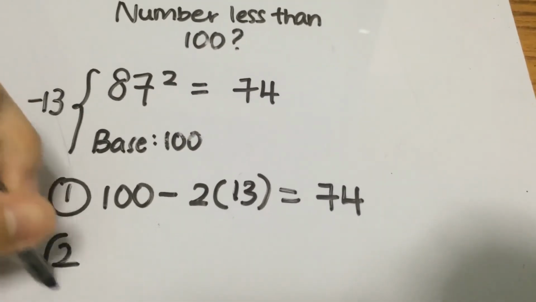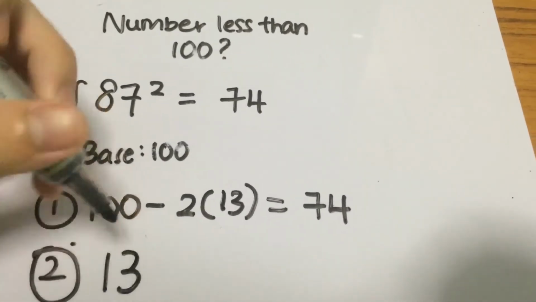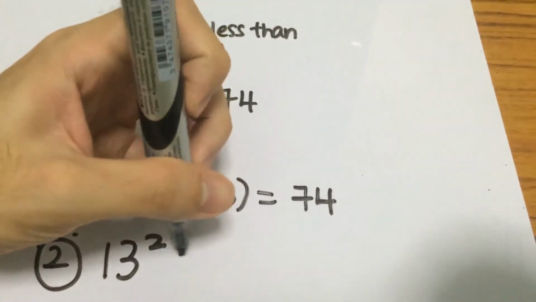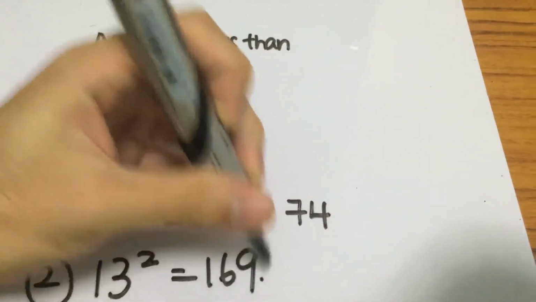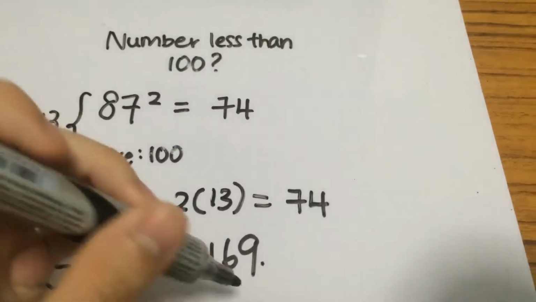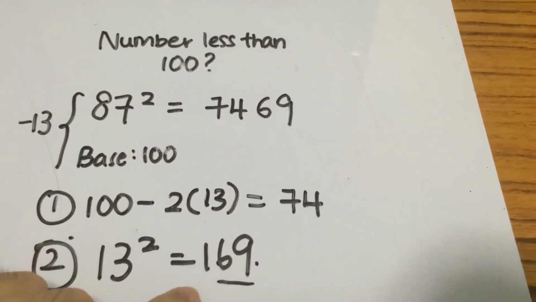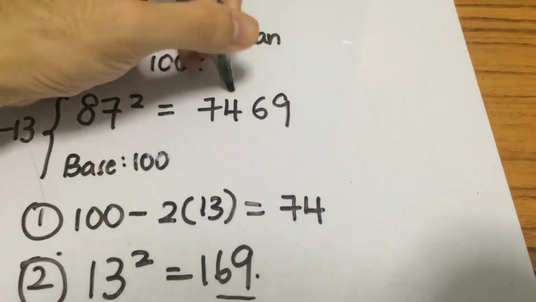And of course, what we need to do is square the difference. In this case, that is 13 squared, which gives you 169. Because this has 3 digits, we can only fill in the last 2 digits in this manner, and this 1 will carry over like this.